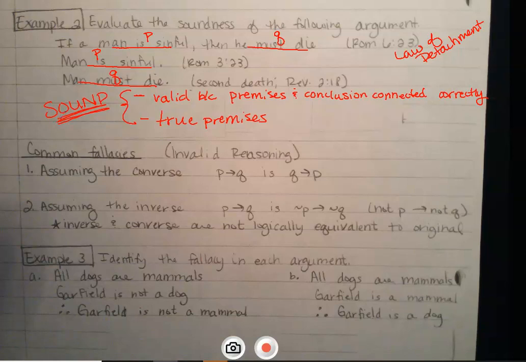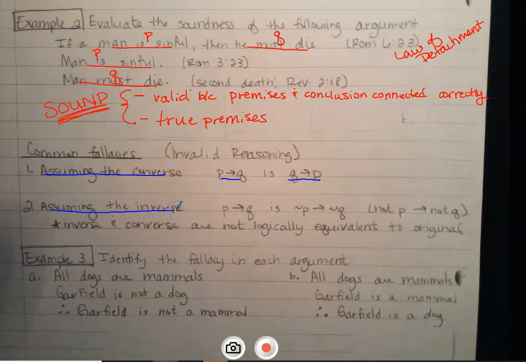Some common fallacies. Some common ways that we have invalid reasoning is we assume the converse. So we say, well, if P then Q is the same thing as if Q then P. But it's not true. We can't assume the converse. The other common fallacy is assuming the inverse.